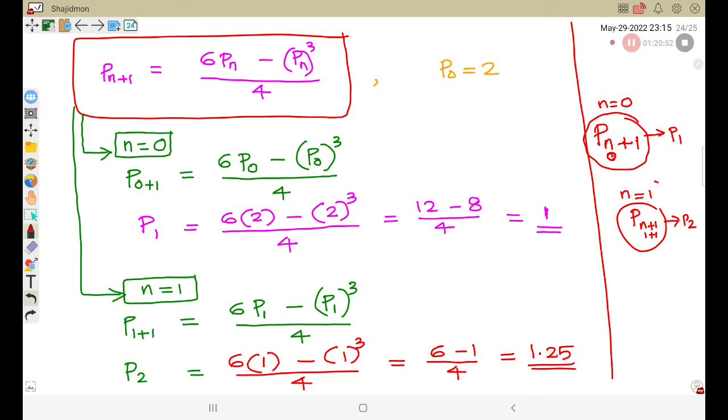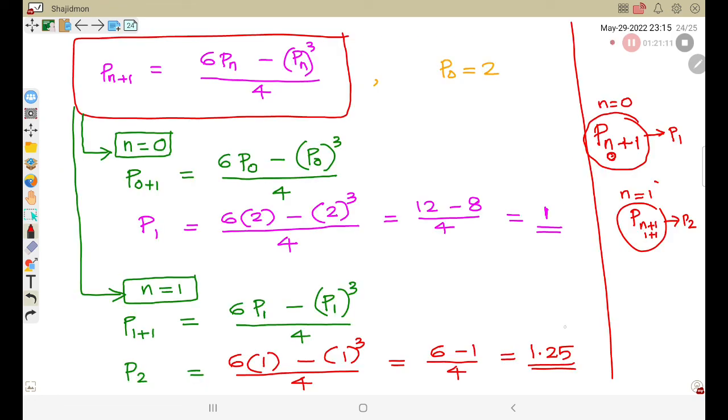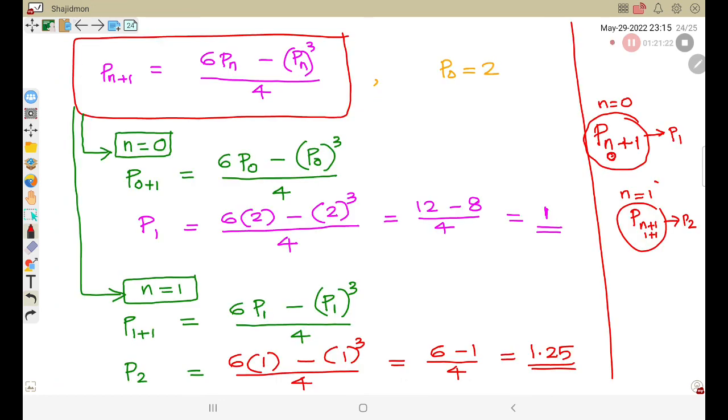1.25. Now we will go to our answer. We got P1 and P2, and P0 we already have. So now we are going to answer our question. What is our question? P2 minus P1 equal to how much? The P2 we got here is 1.25, and P1 we also got is 1.